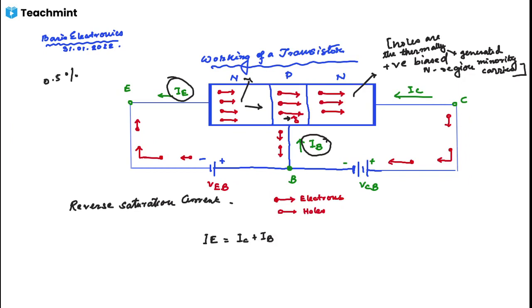But the base current is only about 2% of the emitter current, whereas collector current is about 98% of the emitter current. Therefore, I can write IE equals IC, as IB is approximately 0.